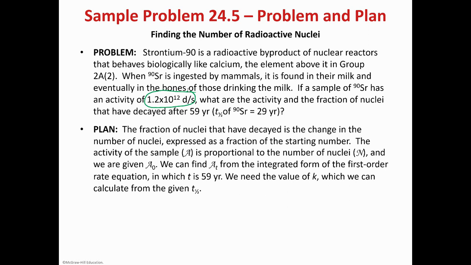What are the activity and the fraction of nuclei that have decayed after 59 years? And here's T 1/2. So whenever you're asked for how much is left, how much is consumed, we just say, oh, this is our integrated rate law again.